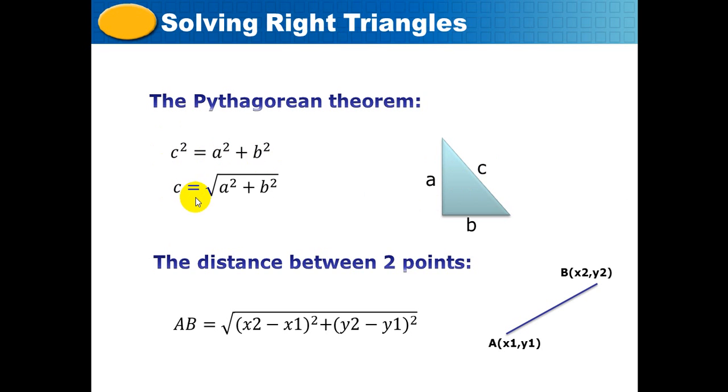So C equals the square root of A squared plus B squared. For the distance between 2 points, if we have 2 points A and B with coordinates (x1, y1) and (x2, y2), then the distance AB equals the square root of the squared difference between x plus the squared difference between y.